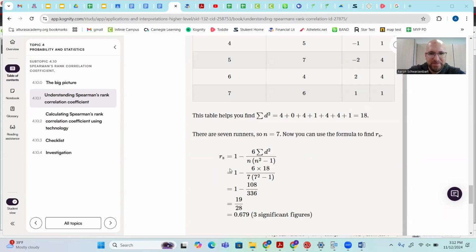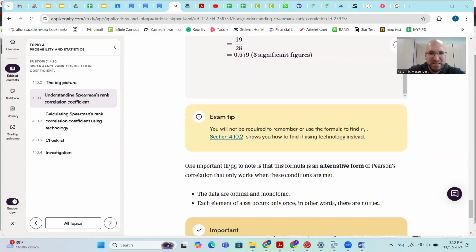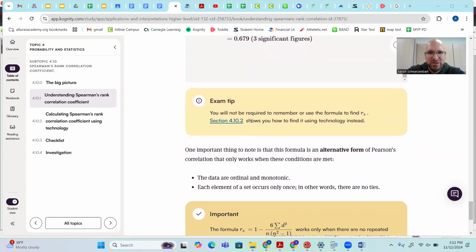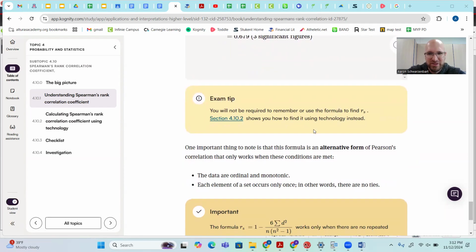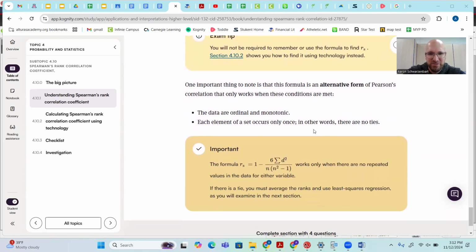You will not be required to remember or use the formula to find R sub S. You will be shown how to do it with technology, but you probably should work the formula. The key is that the data has to be ordinal and monotonic. Each element of the set occurs only once, in other words, there are no ties.